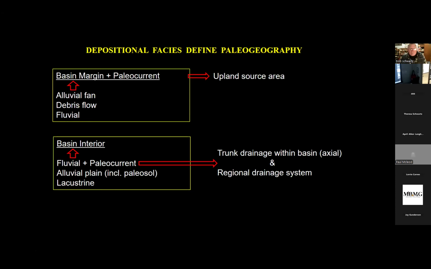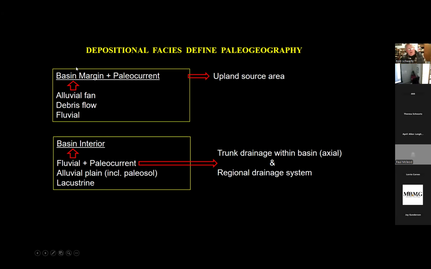Okay, how do you define the paleogeography? I already indicated that facies are the key indicator for paleogeography. And in looking at the Renova, the following facies are identifiable: alluvial fan facies, debris flows, and tributary fluvial systems coming out of the mountain ranges, the ancestral mountain ranges.